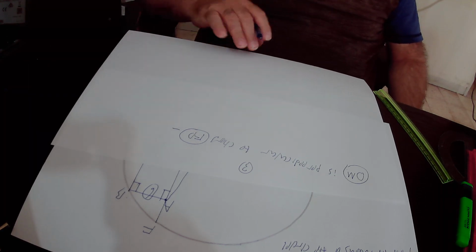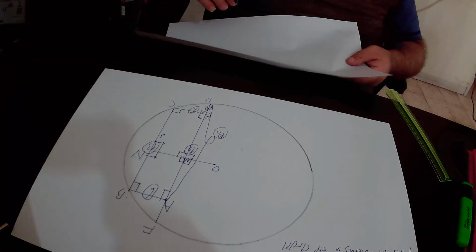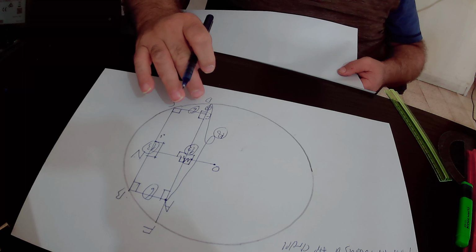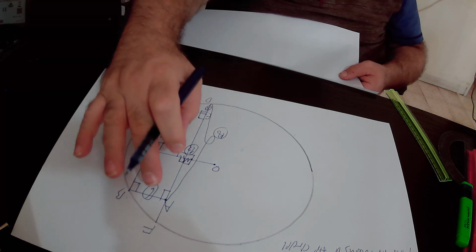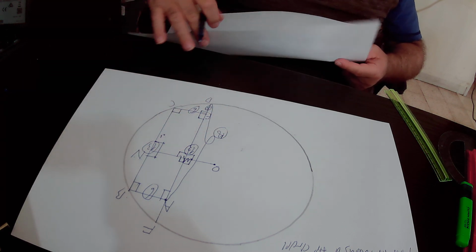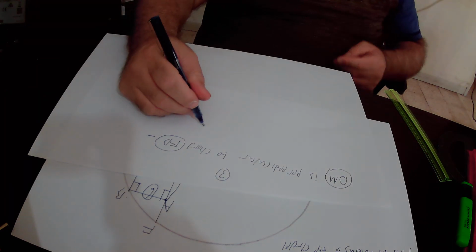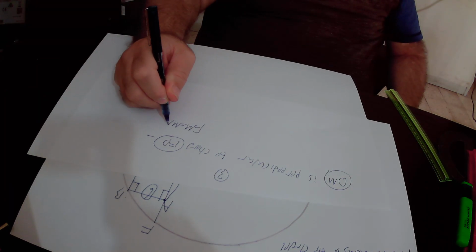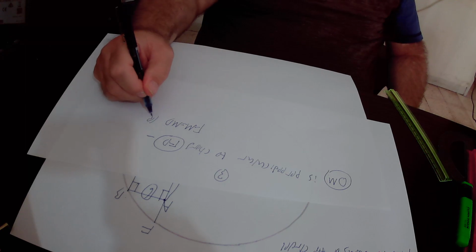Okay? So FD has been bisected by OM, that is to say FM equals MD according to rule number 2.